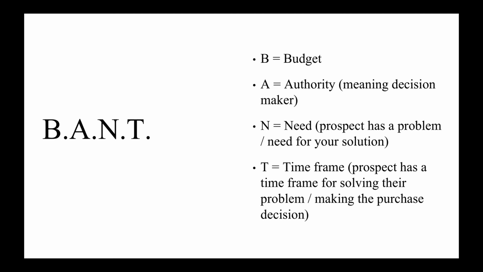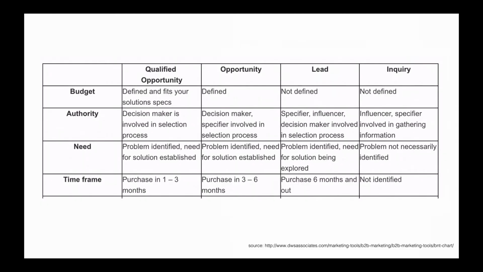So it gives you a super determined and hot lead. And these are the aspects when it comes to qualified opportunity, lead, and inquiry. So if we have the budget that has been defined and fits your solution specs, then it's of course qualified opportunity. The same with authority, need, and time frame.